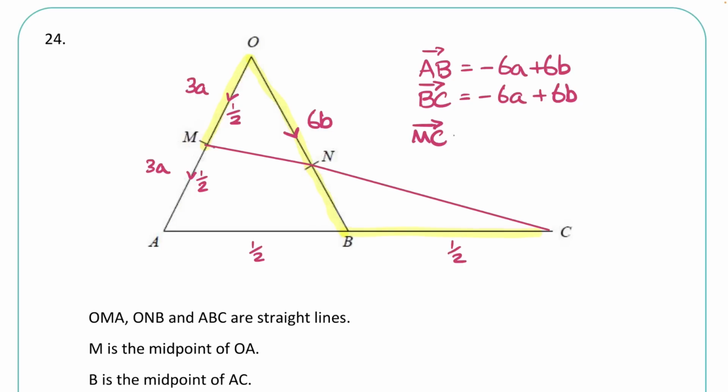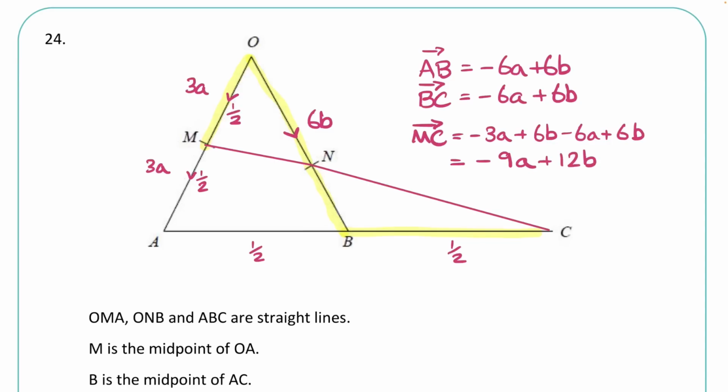So M to C, I'm first going to do the minus 3A to go up to O, then plus 6B as I move down to B, and then B to C is minus 6A plus 6B, which is just the line written above. So I just need to tidy this up. Minus 3A minus 6A is minus 9A, and then 6B plus 6B is 12B, so plus 12B.